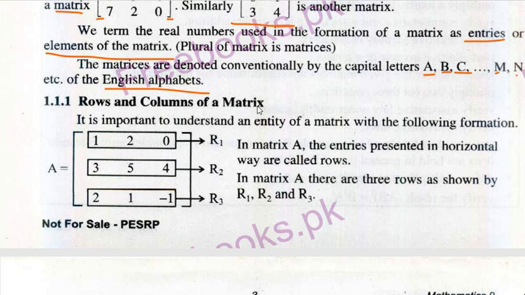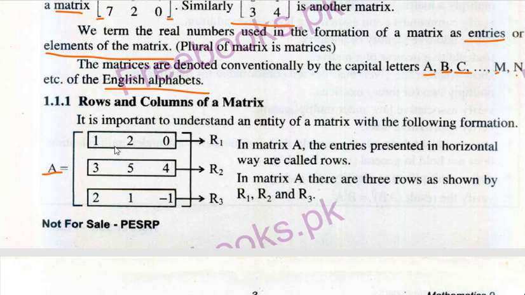Rows and columns of a matrix. It is important to understand the entries of a matrix with the following formation. This is a matrix A. The entries which are presented in a horizontal way are the rows, or in simple words, the entries presented in x direction are the rows.